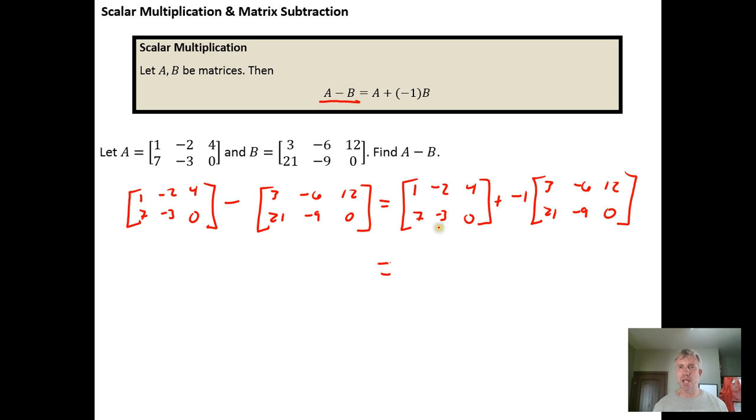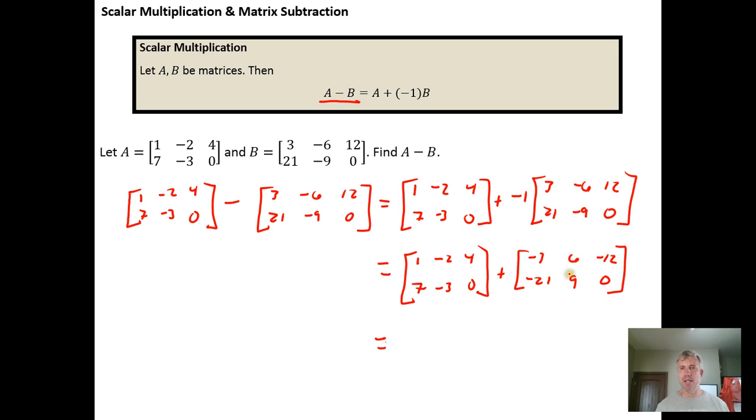And then we could use scalar multiplication and distribute the scalar into each of the elements of that matrix. 1, -2, 4, 7, -3, 0, plus we'd get the opposite of 3, the opposite of -6, the opposite of 12, the opposite of 21, the opposite of -9, and the opposite of 0.